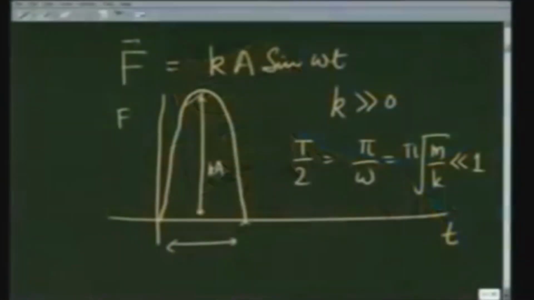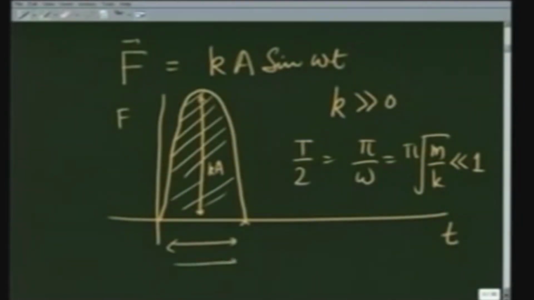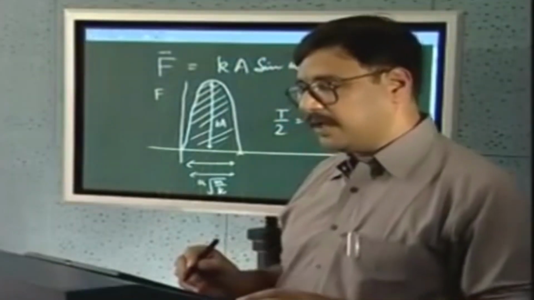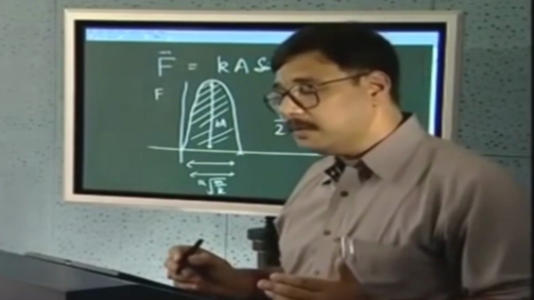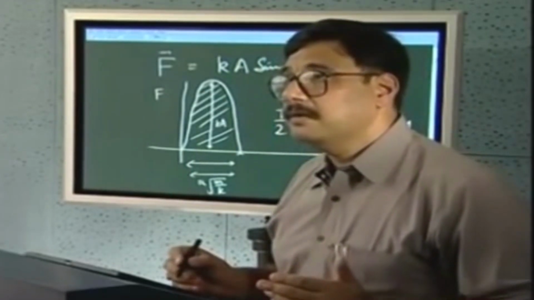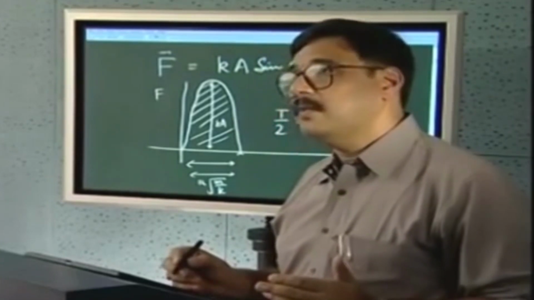So therefore, what you see is that there has been a very large force spread over a very small time, pi square root of m over k. Because k is very large, this time is very small. So I may not even observe how the force is varying. All I see is the ball hitting the wall and coming back.